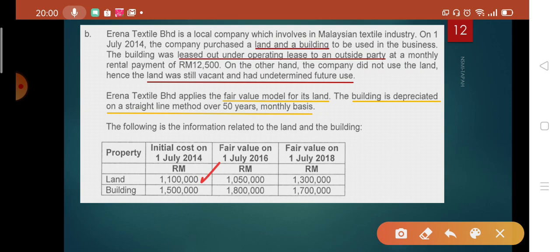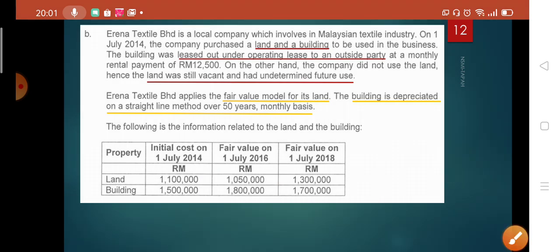Then you will compare with the fair value given on 1st July 2016, so 1.05 million. Then you will get your 50,000 loss on changes in the fair value, right? So next onwards, your land will be carried at the fair value of 1.05 million.